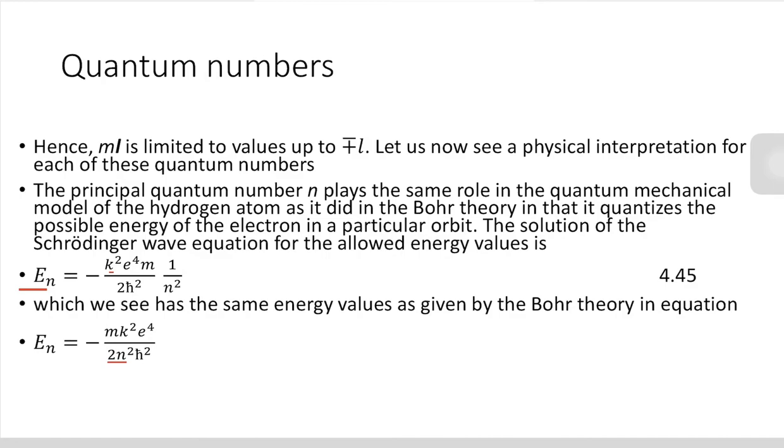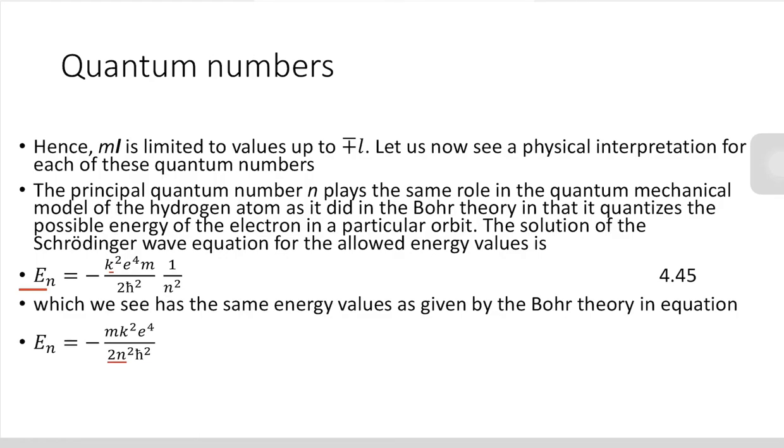Let us now see a physical interpretation for each of these quantum numbers. The principal quantum number, n, at first, plays the same role in the quantum mechanical model of the hydrogen atom as it did in the Bohr theory, in that it quantizes the possible energy of the electron in a particular orbit.